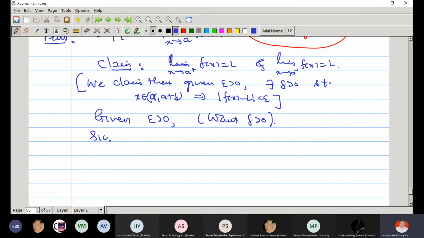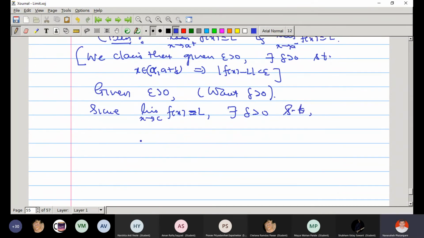Given epsilon, since limit x tends to a of f(x) exists and it is L, by definition of limit there exists a delta such that whenever x is in (a minus delta, a plus delta), x not equal to a probably, we have the distance between f(x) and L less than epsilon.